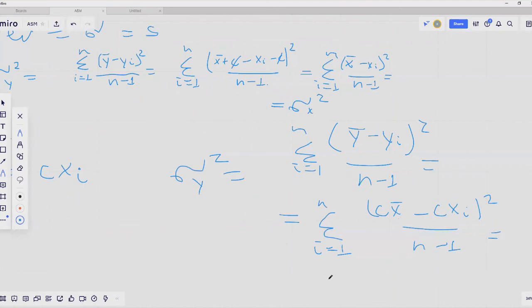We can factor out the constant c, and this is exactly the formula for variance of the original sample of xi's, times c squared.